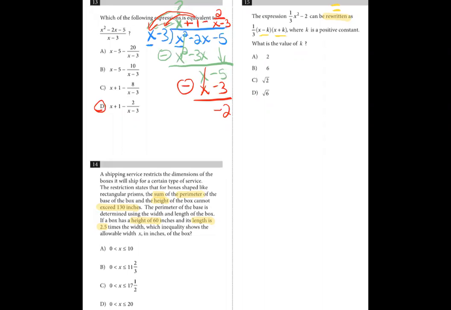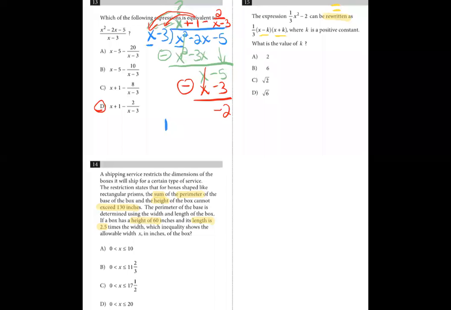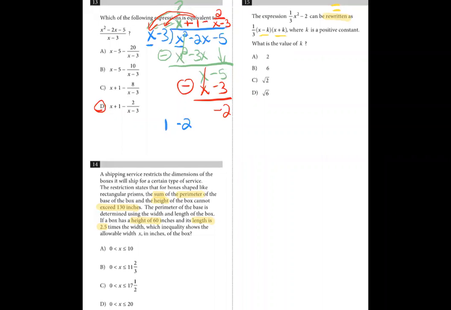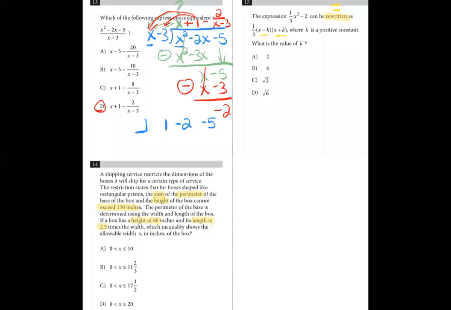So we would have 1 for 1x squared, -2 for the -2x, and -5 for the constant of -5. And then you take what you're dividing by, the x minus 3, but you change the sign of your constant. So -3 becomes a +3 here.